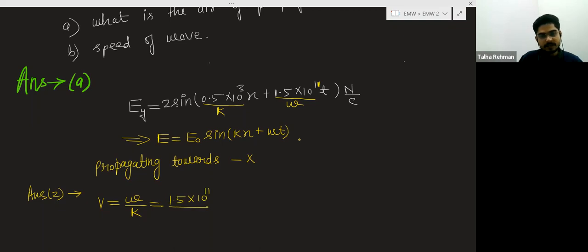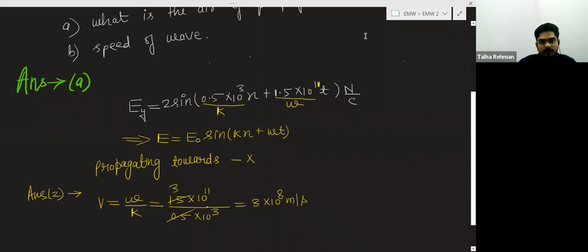And k is 0.5 into 10 to the power 3. So when you cancel this, you will get 3 into 10 to the power 8 meter per second, which is the speed of light, or speed of electromagnetic wave in vacuum. So this is the first question.